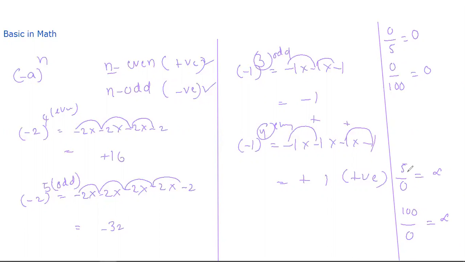We don't know how many times we have to multiply, so it is undefined, right? We cannot multiply 0 to get 5. So it is undefined, so it is infinity. As well as 100 by 0, because it is impossible. We cannot get 100 in the 0 table.